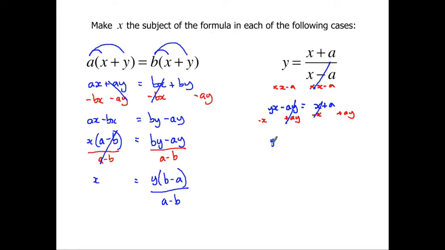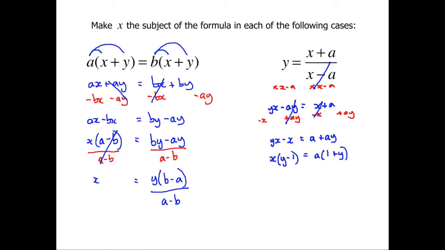It'll leave myself with yx minus x on this side, and it'll leave myself with a plus ay on the other side. Factorizing to turn 2 x's into 1 will leave me with x brackets y minus 1, and just this lot on the right hand side, which you could factorize if you wanted to, into a brackets 1 plus y.